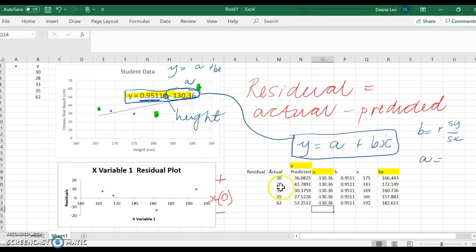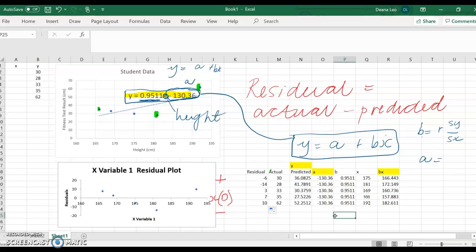Okay, now our residuals, going back to this, our residuals, our actual, take our predicted. So we go equals our actual, take our predicted. Okay. Now, what we look at here is we're looking at the residual of -6.